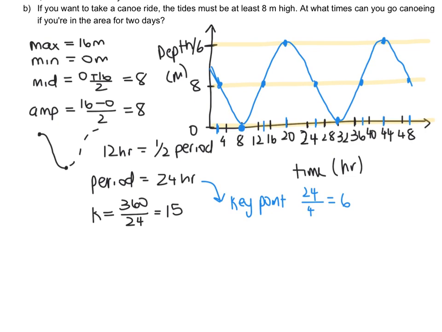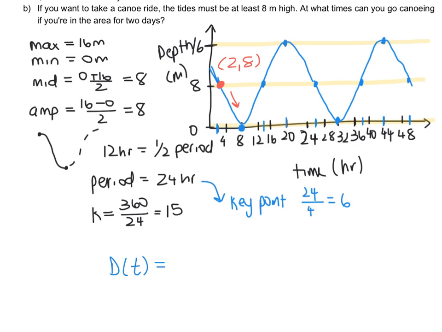So they did give us d for depth and t for time. So then I have d at t equals, and for my starting point, I'm just going to use the closest key point that's on the max, min, or midline. So I'm just going to use the point at the midline, and that's at 2 hours. So that coordinate is (2, 8), and it is heading downwards, which means we have a negative sign here.